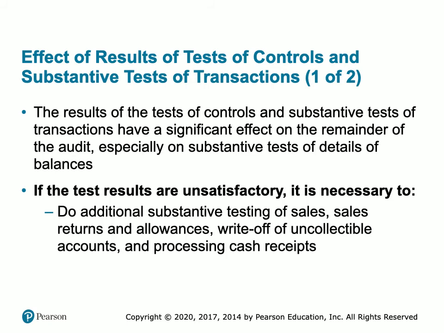So the results of these tests really impact the rest of the audit, right? Because when you do this test work, test of controls, substantive test of details, this reduces or increases your other balance test work, right? Remember the audit risk model.